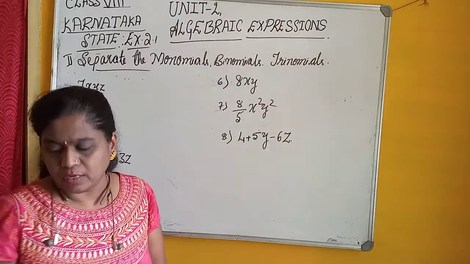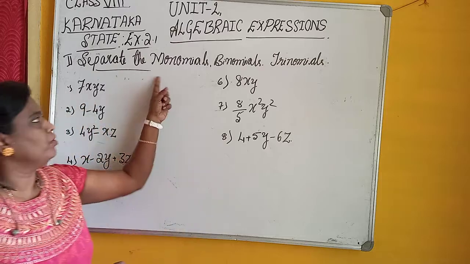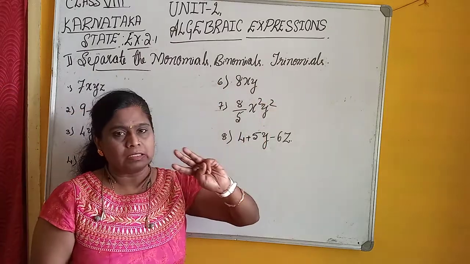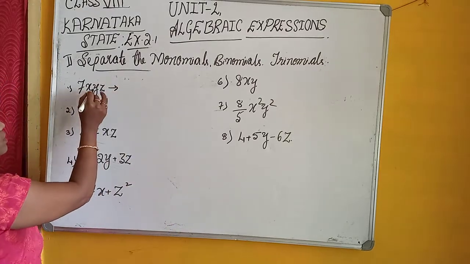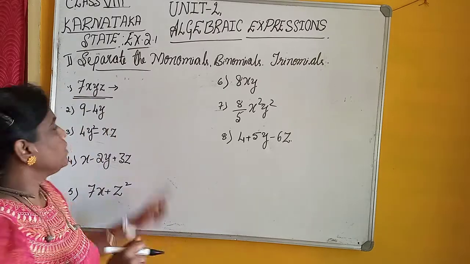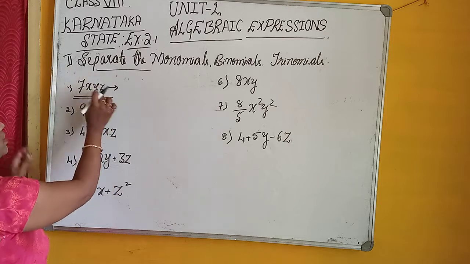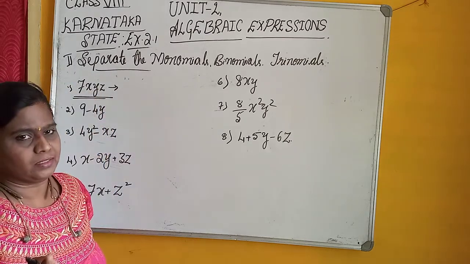You know very well what monomials, binomials and trinomials are. I will make it clear: monomial means one term, binomial means two terms and trinomial means three terms. Here the first one is 7xyz. This is a monomial because in between the variables there is no plus or minus.